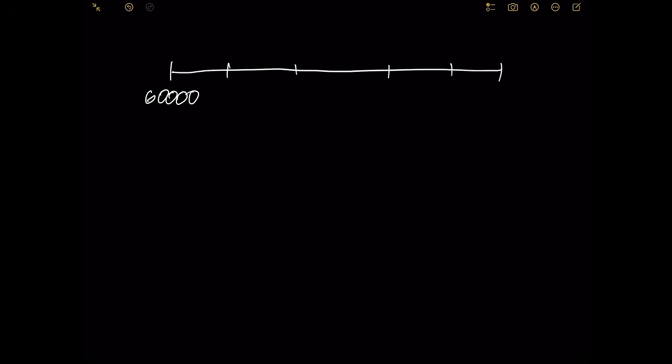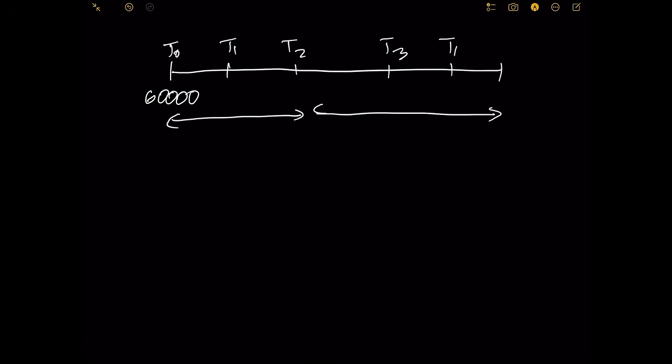But several things happen within an investment period. For instance, perhaps the interest rate changes between the different years, from T0, T1, T2, T3, T4, and T5.